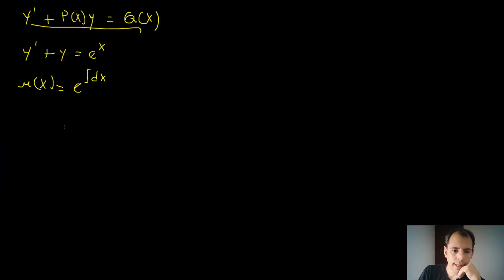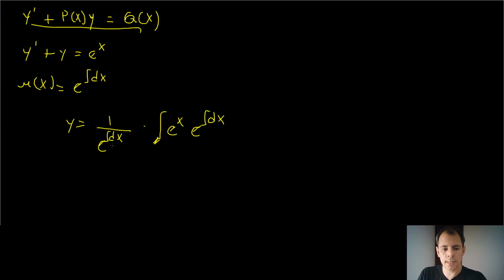All right, and then now we say that y equals 1 divided by e to the integral of dx, times the integral of q of x, which is going to be e to the x, times e to the integral of dx. Right? This is the formula.